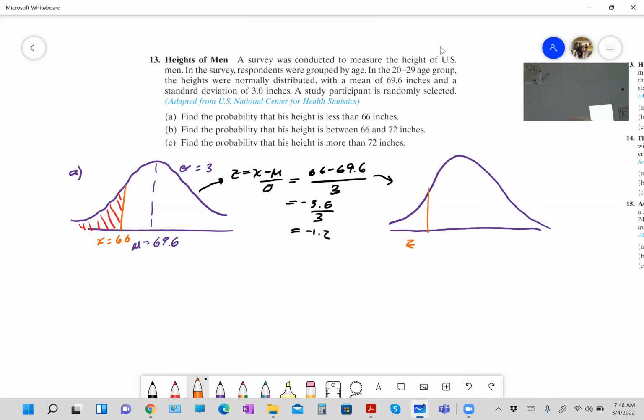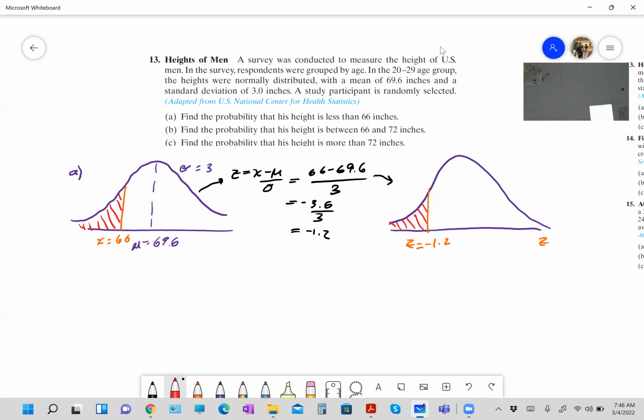So our z here is negative 1.2, and we're shading the same area. So this area here I'm shading is going to be equivalent to the area to the left of 60. That's all there is to it.